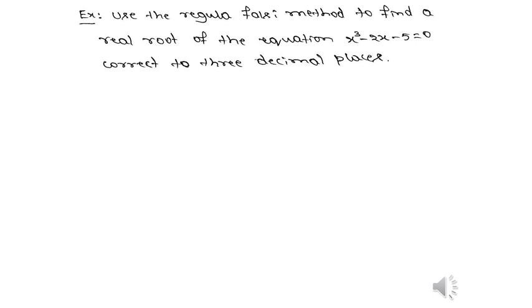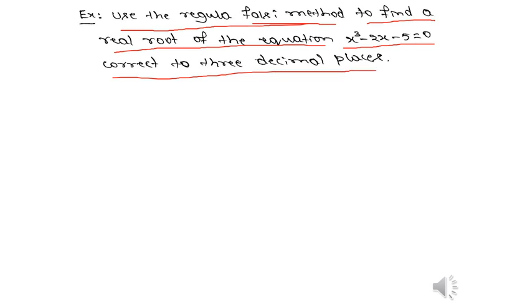So let us see a problem. Use Regula-Falsi method to find a real root of the equation. Here is the equation, correct to 3 decimal places. Let us first see the overview of this problem.